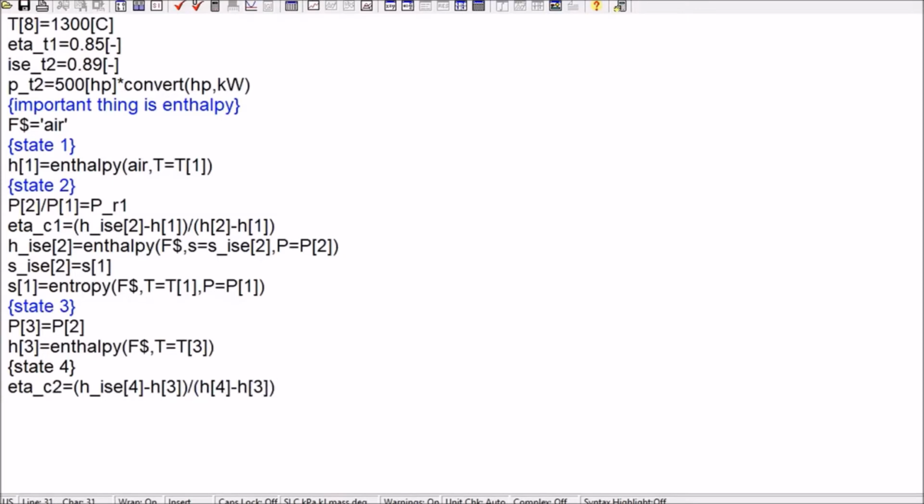H3 is known, H4 is unknown, and H isentropic 4 is unknown, but H isentropic 4 can be found from air, again the fluid, with P as P4 and S as S isentropic 4. By using these properties, we will have the enthalpy at 4.